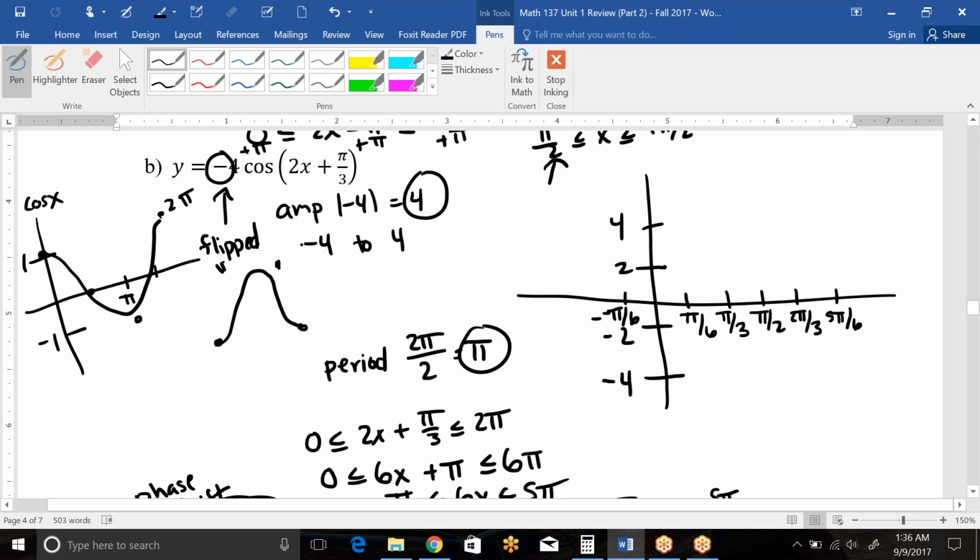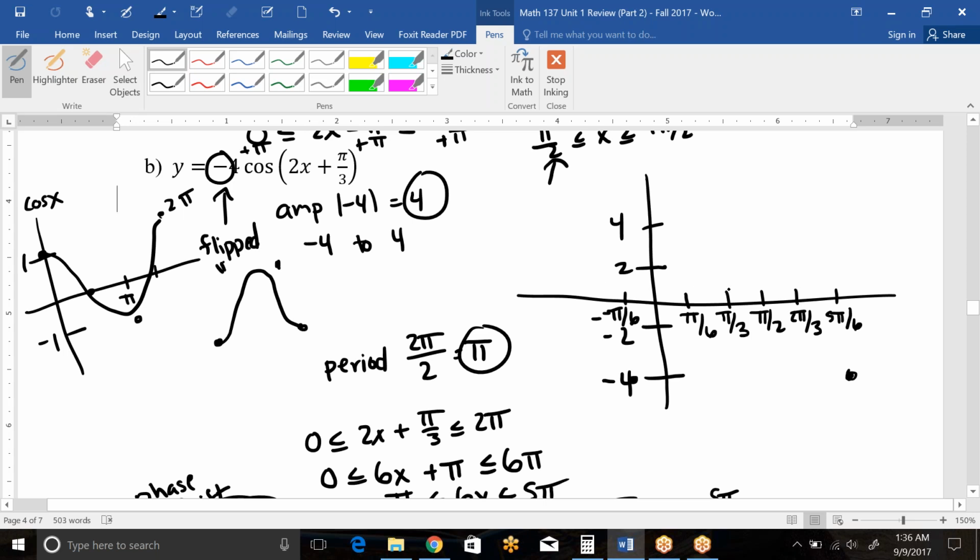Okay, now remember, this is going to be upside down. So at negative pi over 6, we're actually going to start down at negative 4 instead of up at positive 4. At 0, we need to do our ending point. 5 pi over 6, we're also going to be down. Halfway between these, we're going to be completely up, because that's what happens when it's flipped. So this is 1, 2, 3, 4, 5, 6. So we go 3.